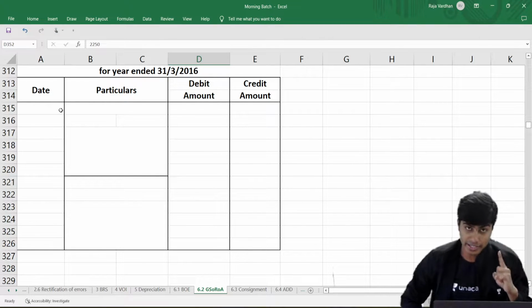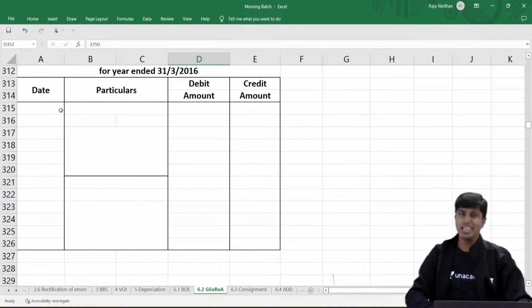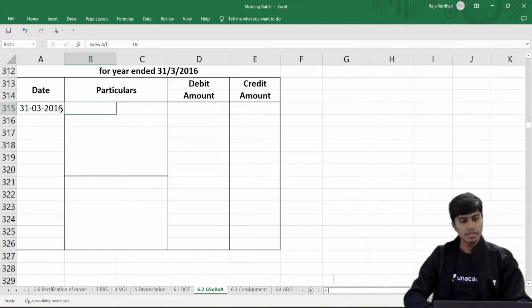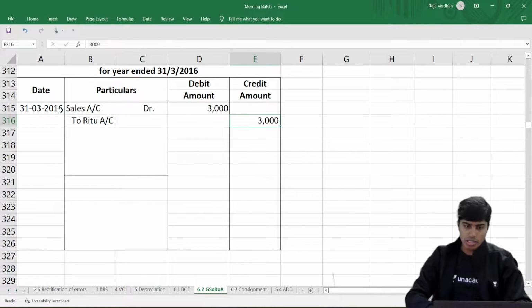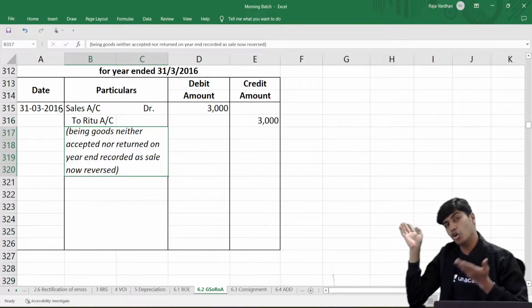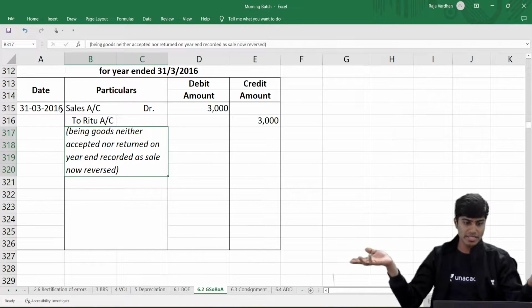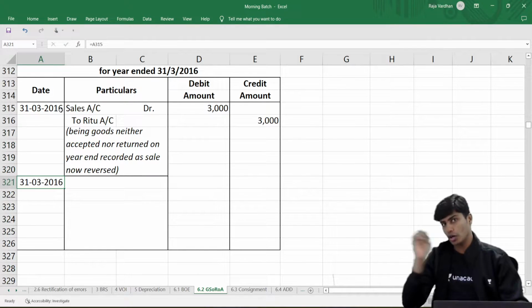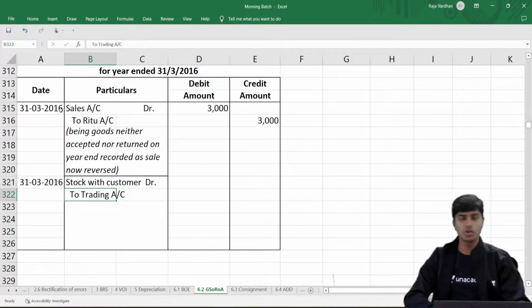Remember, don't write debtors, write Ritu, because Ritu will feel bad. Don't make her feel bad. 31st of March 2016, sales account debit to Ritu account 3,000, being goods sent to Ritu, neither accepted nor returned, now basically reversed. And we'll write the inclusion of stock entry, that is stock with customer to trading account.